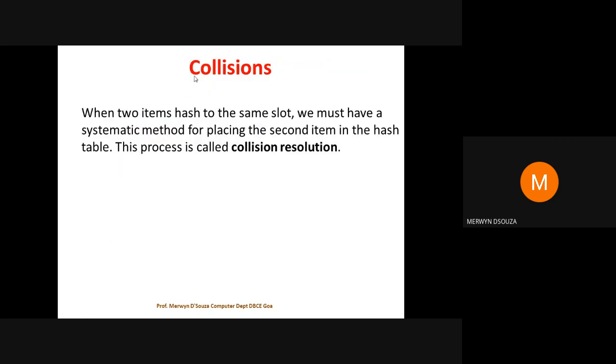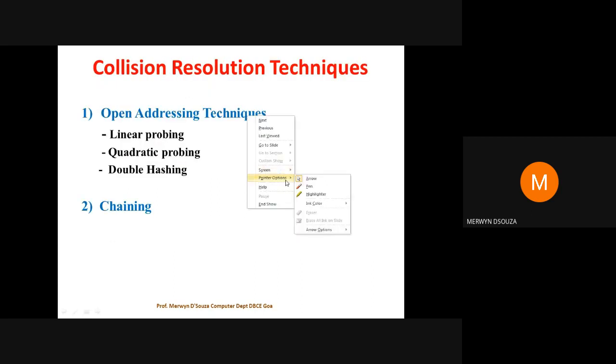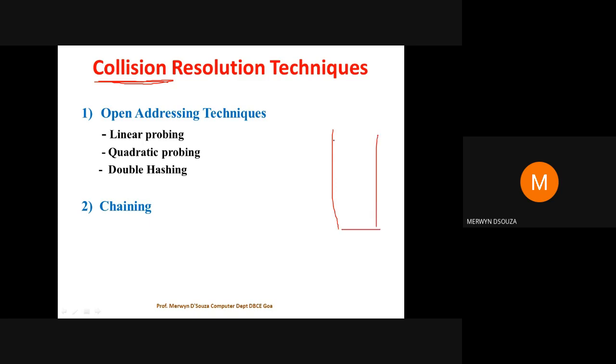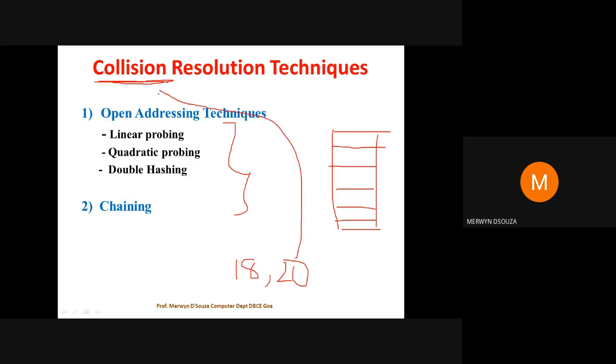Now remember, these techniques are to be used only when a collision happens. They are known as collision resolution techniques. Suppose you are told to insert values into a hash table. If the insertion results in a collision, the most important word being collision, then only will you use these methods.